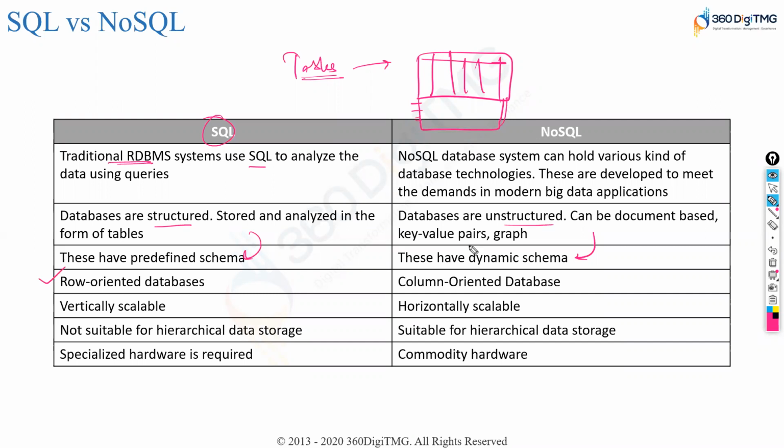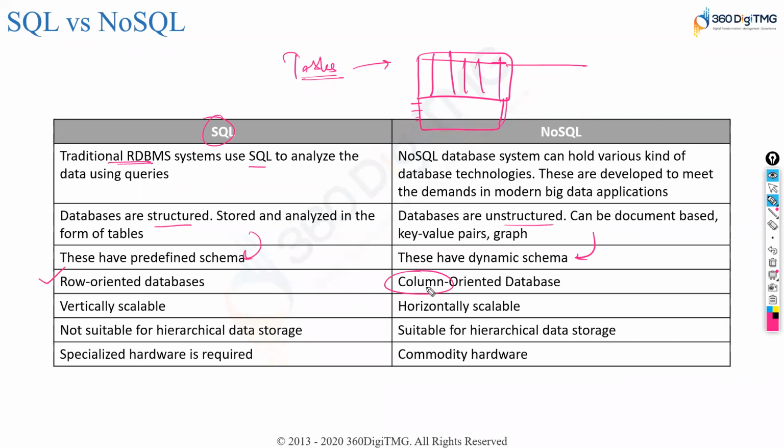Whereas HBase is column-oriented, right? That means we can scale as many columns as we want. We can scale up the features of the table. Hence, it's also known as horizontal scaling, whereas this is vertical scaling, right?